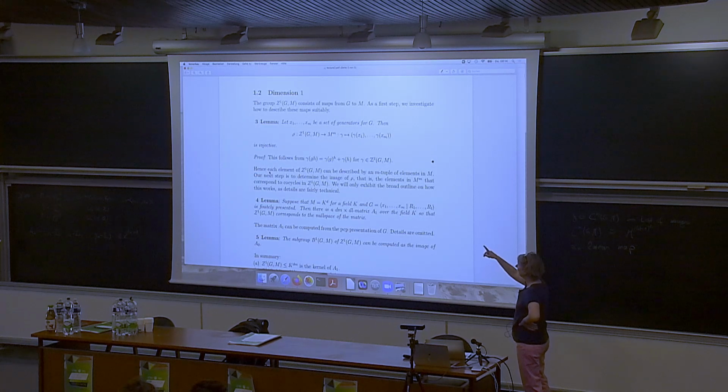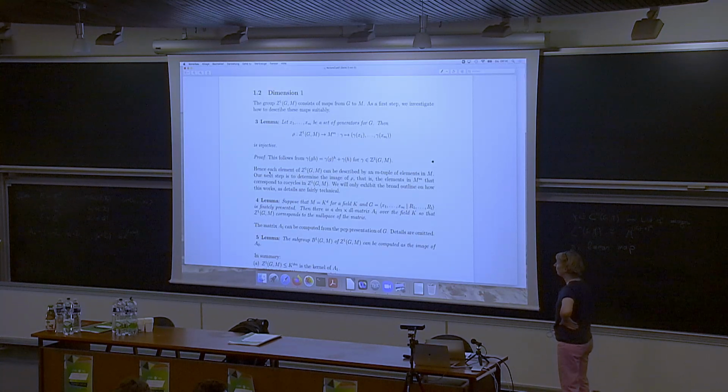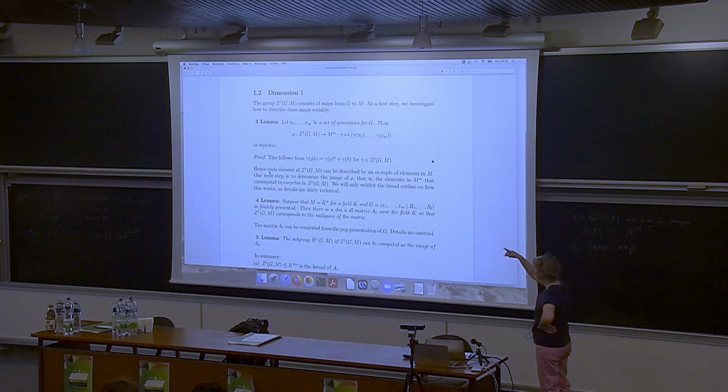It only works for the one-dimensional case, because that's still fairly simple, and the definition of cocycles in Z1 follows the rule that gamma of a product, g times h, can be computed as gamma of g acted on by h plus gamma of h, and therefore taking the images of the generators is actually sufficient to describe the full cocycles. Okay, so this gives a representation of Z1, which is injective.